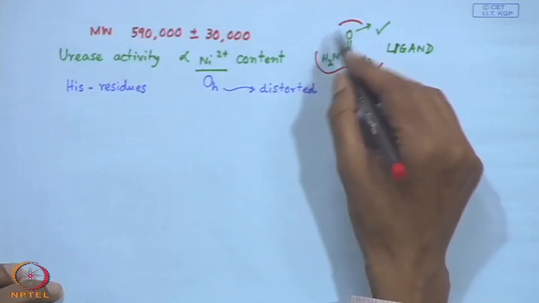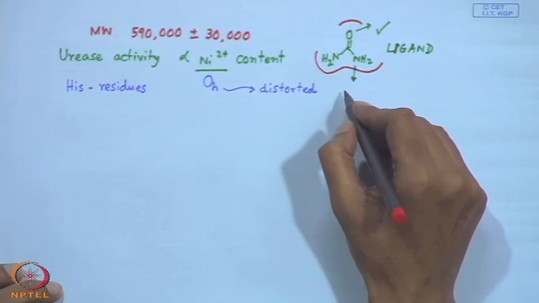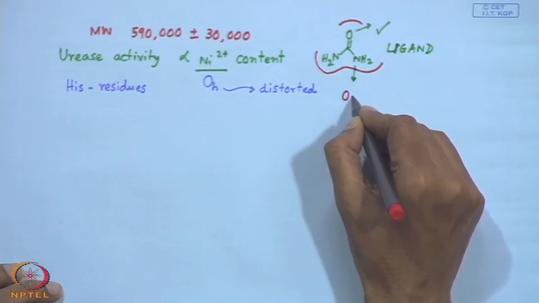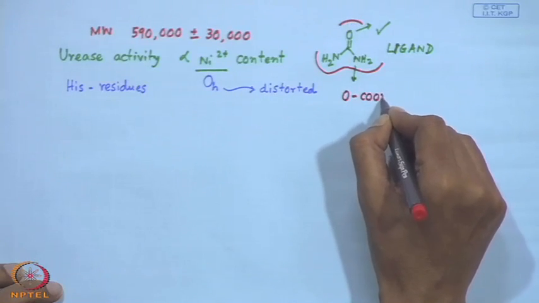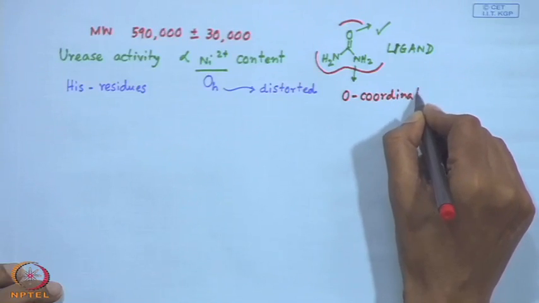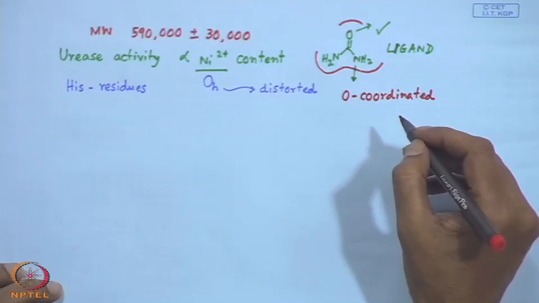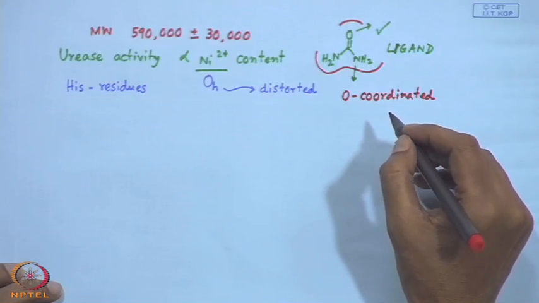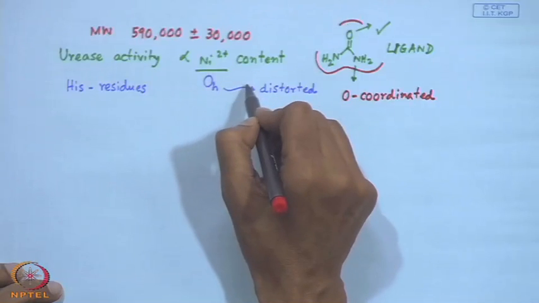So, once this reacts as a ligand, we get something which we can consider as an O-coordinated ligand, not N-coordinated. So, urea would be O-coordinated, and the nickel center will show some Lewis acid behavior.